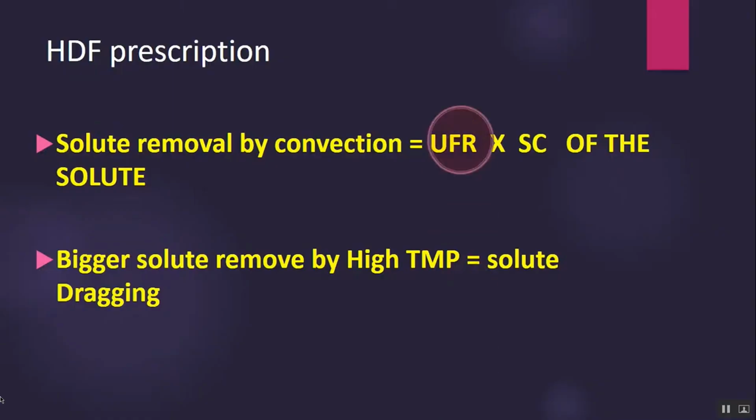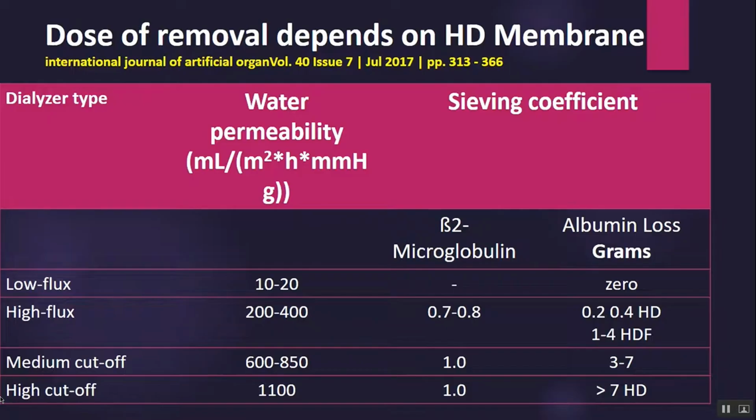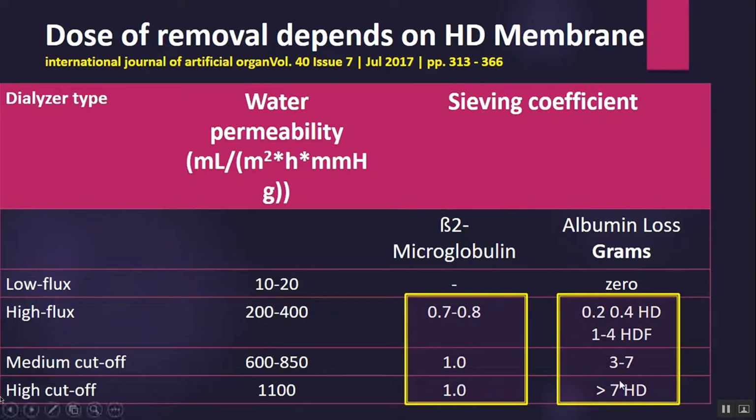In HDF, we depend completely on the ultrafiltration rate and the substitution volume. The risk is more albumin loss: in medium cut-off from 3 to 7 grams, and in high cut-off above 7 grams per hemodialysis session.